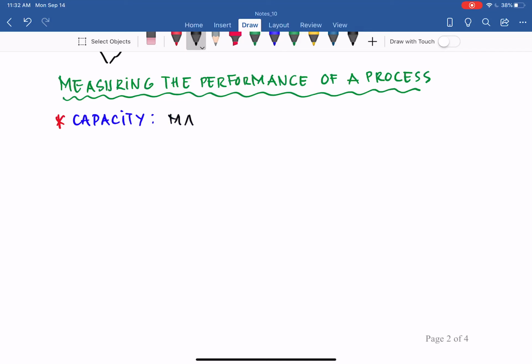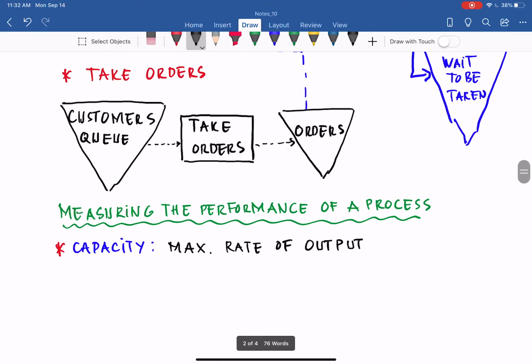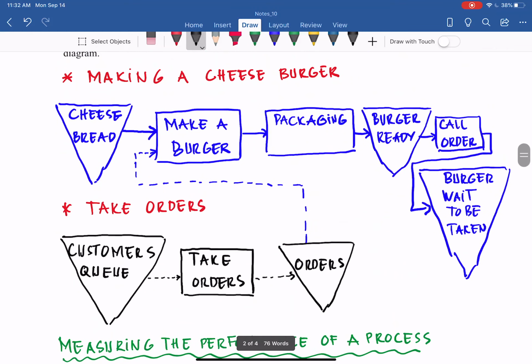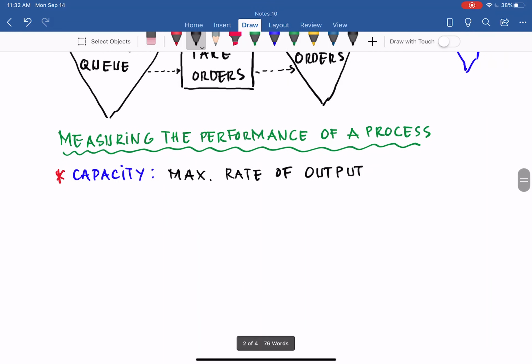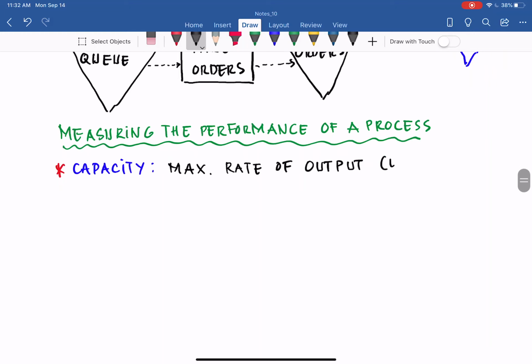Basically, that is the maximum rate of output. For example, in problem 1, that is how many burgers per hour this restaurant can produce, and that is capacity.